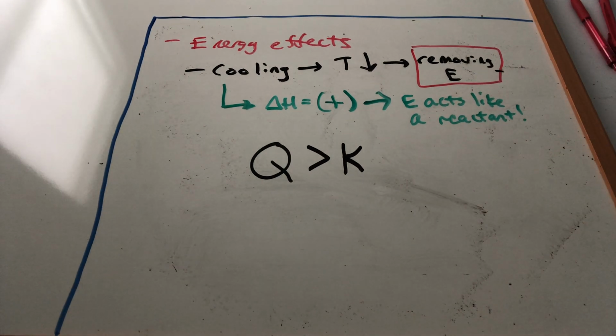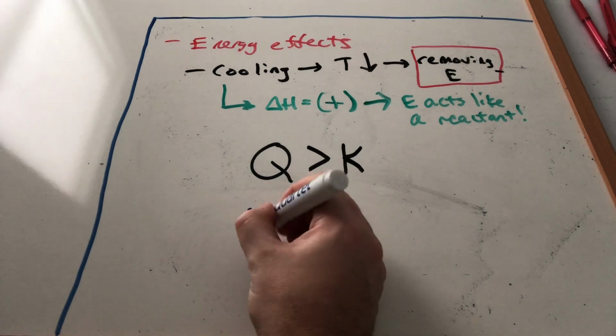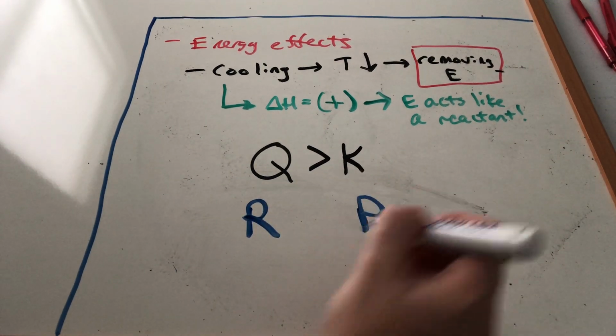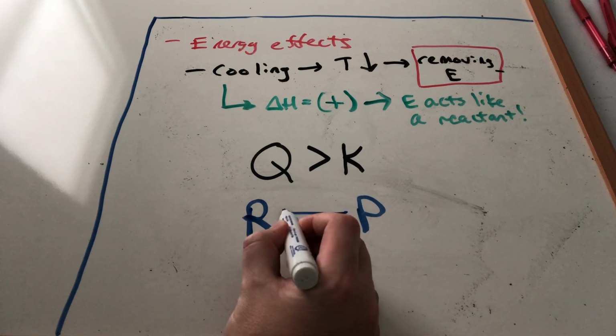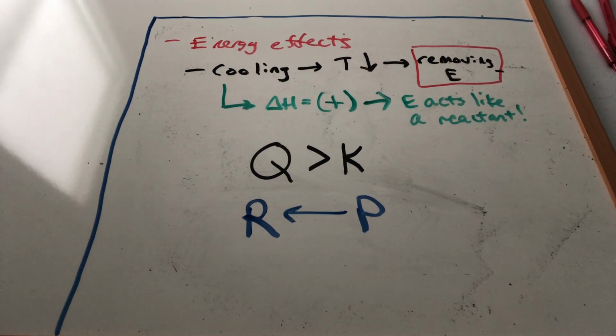So we know what happens in this situation. We don't have enough reactants. We have too many products, and the reaction shifts to the reactant side.